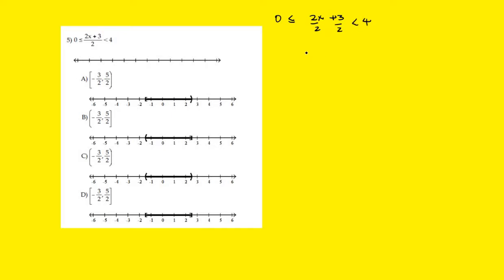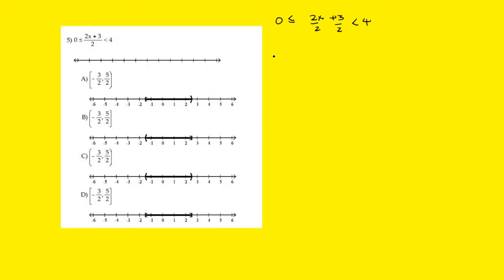So I broke the parentheses into two terms. Now we're going to subtract 3/2 from each side of this expression.